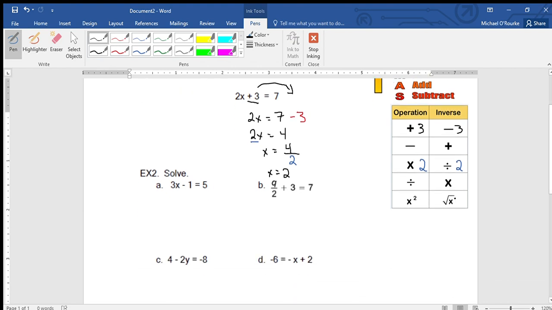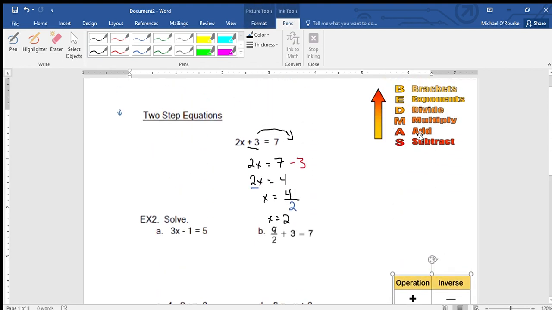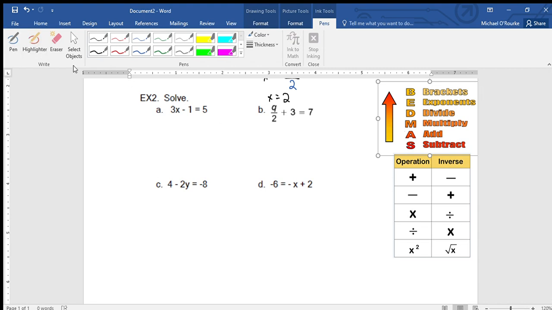All right, so let's practice another one. So erase this stuff. Let me pull these down so we can see them. Okay. So let's go through these equations here. First thing we look at here, we have 3x minus 1 equals 5.